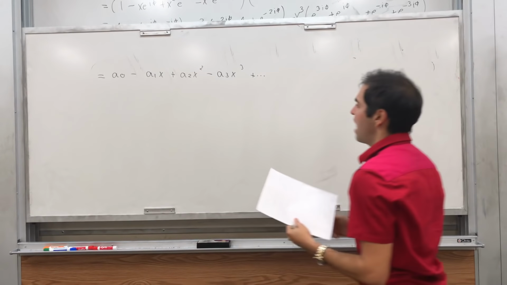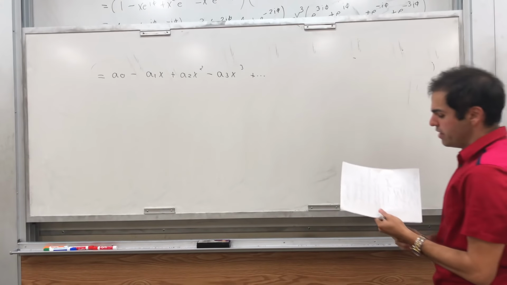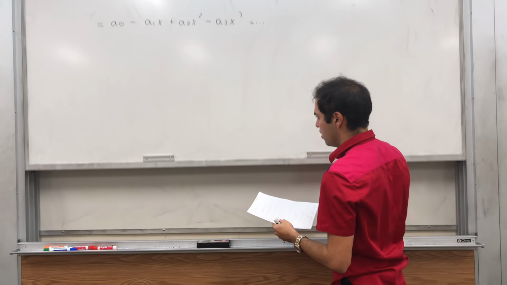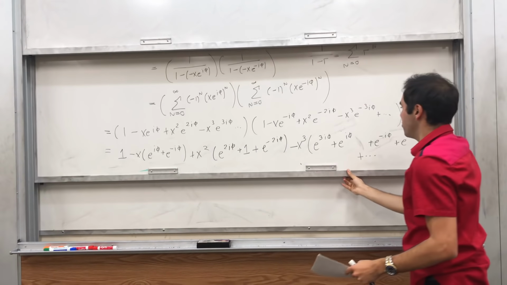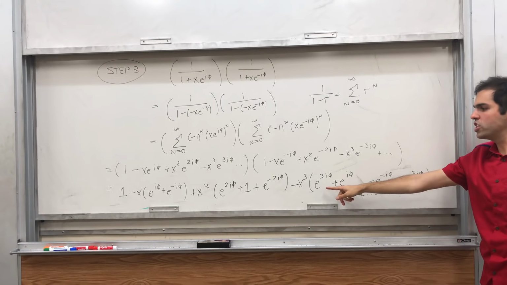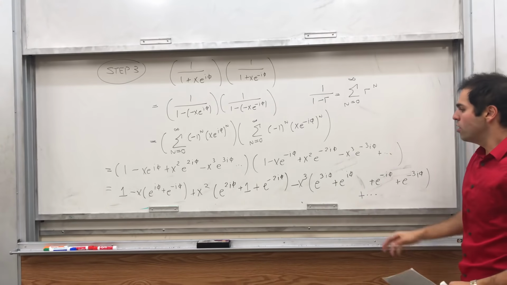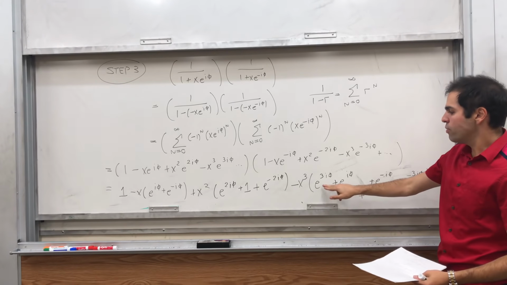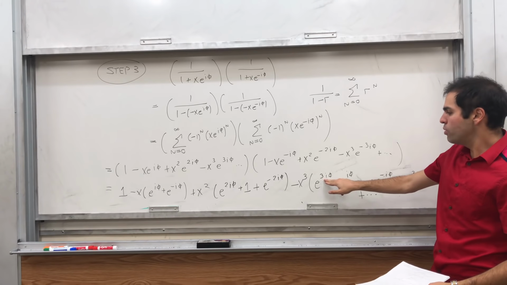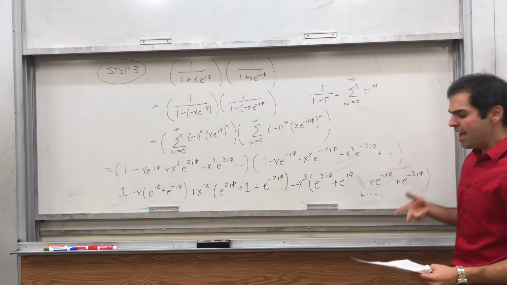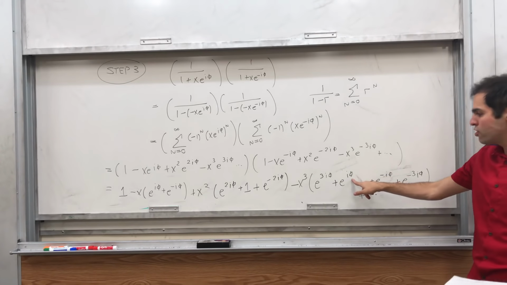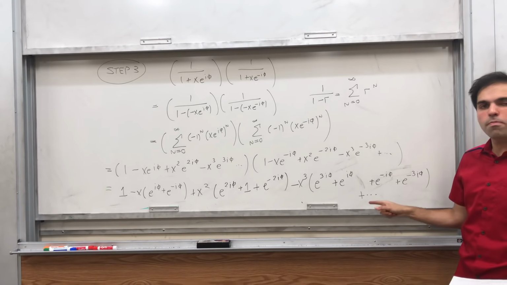And the question is, how do we get a? Notice, for a0, it's kind of boring. I think the best illustration is for x cubed. So for x cubed, you start with e to the 3 I phi, so in general e to the n I phi, and notice you always subtract 2 from the power.